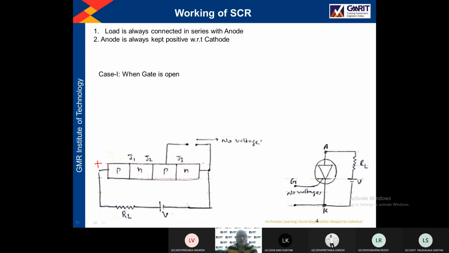So here what will happen? This anode is positive and this cathode is negative. The whole positive voltage appears here at this N material, and this negative voltage appears here. Under this condition, when gate is open, junction J1 and junction J3 are forward biased.